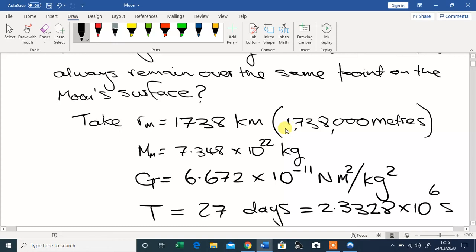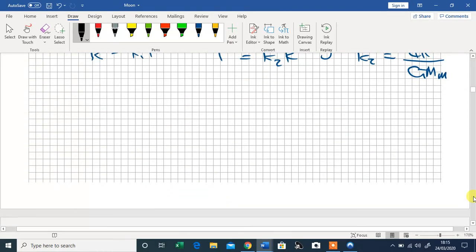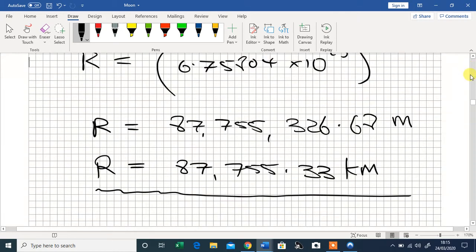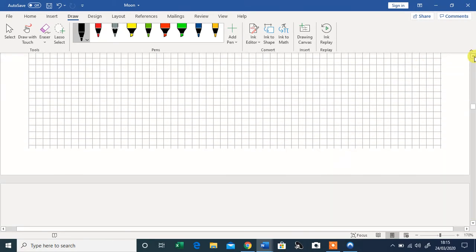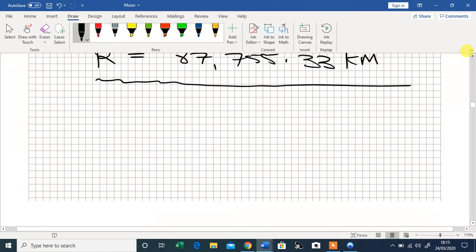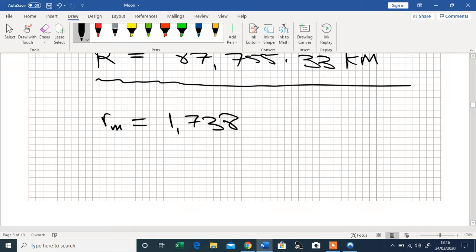The radius of the moon is 1,738,000 meters, or if you like, RM equals 1738 kilometers.